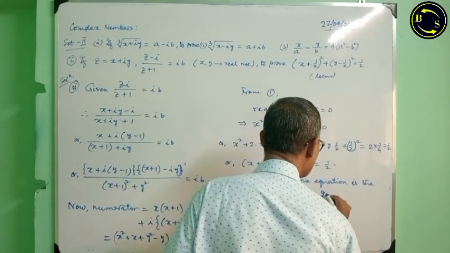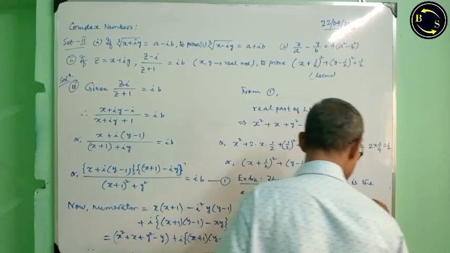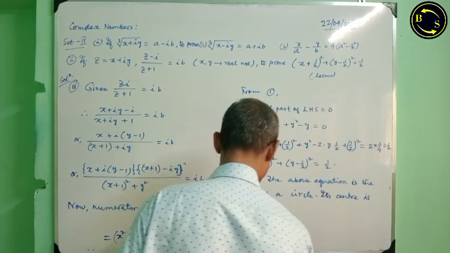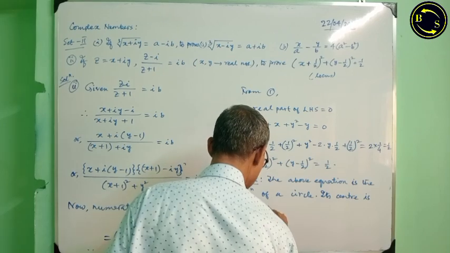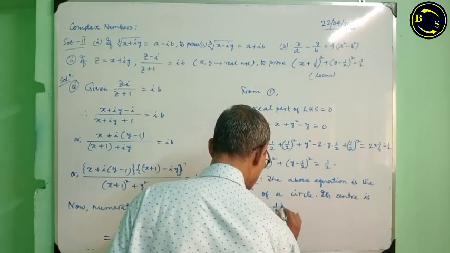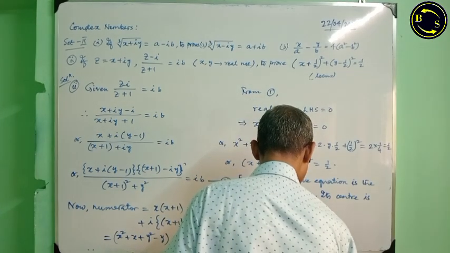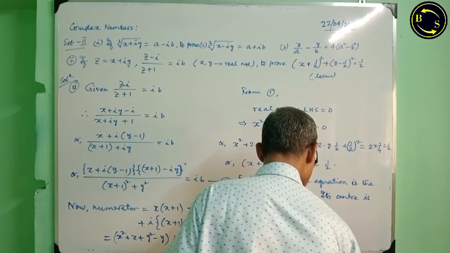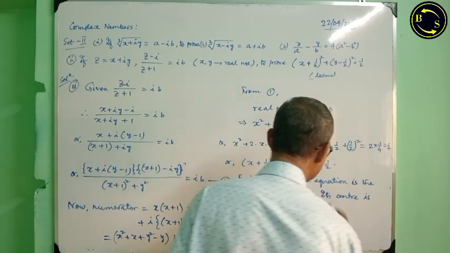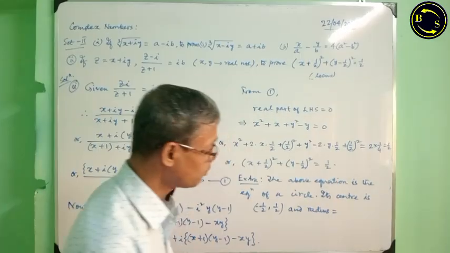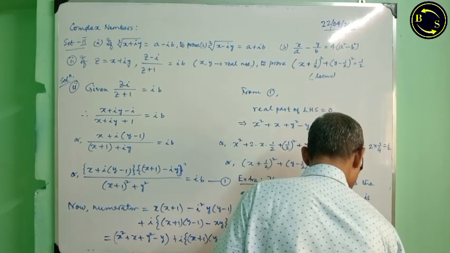Its center is (minus half, half), and radius, r square equal to half. Therefore r will be equal to 1 by root 2 unit.